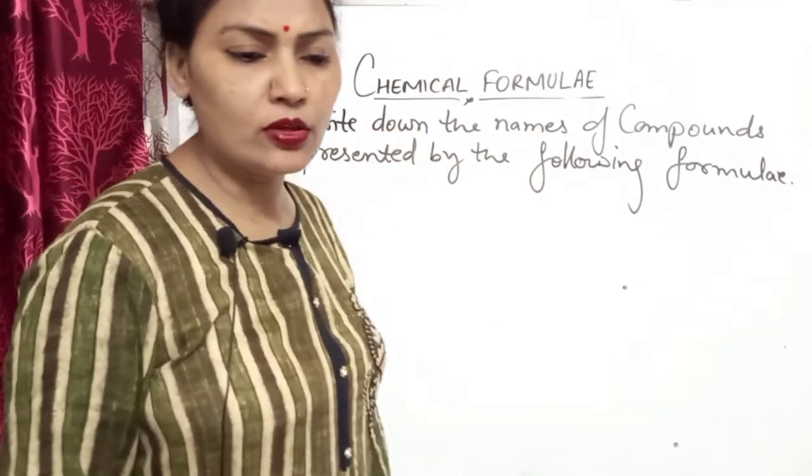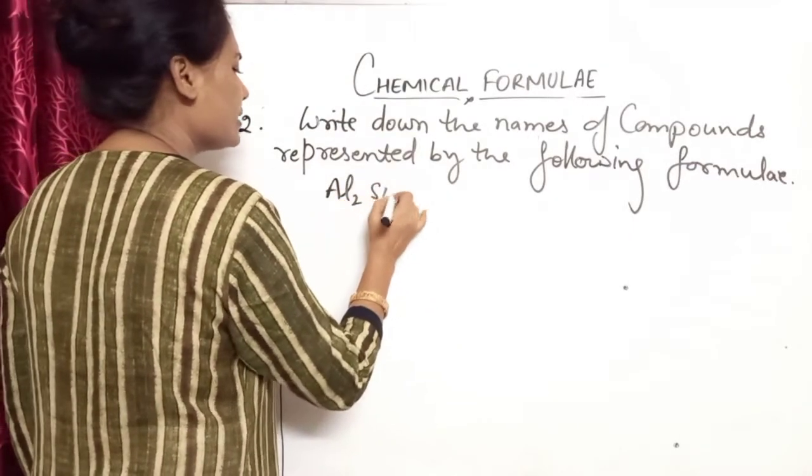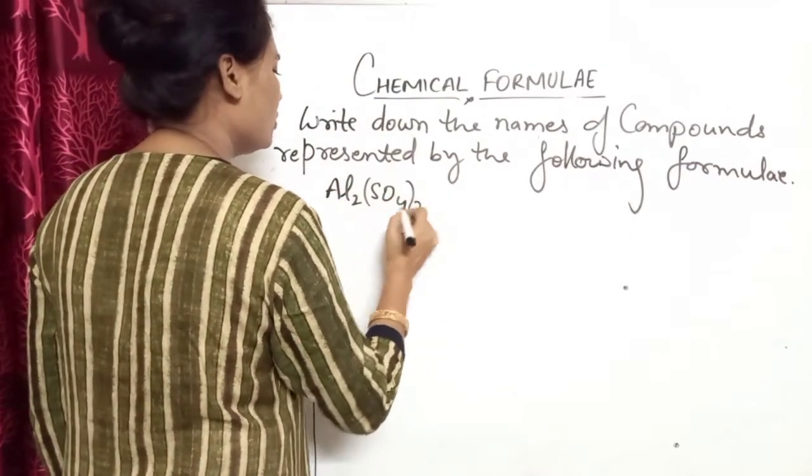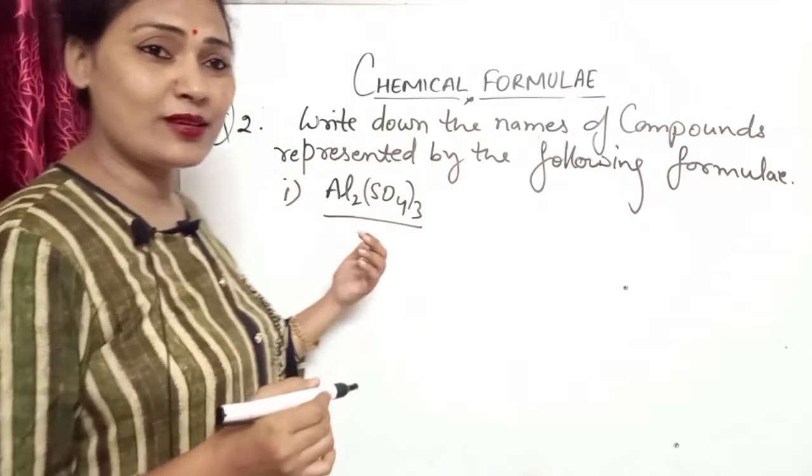For example, in your book there is the formula Al2(SO4)3 first. So what is the name of this compound?